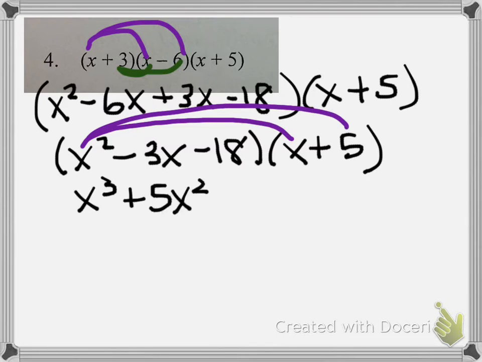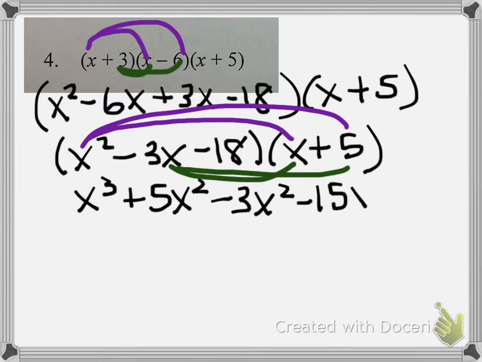Then 3x times x, which gives you 3x squared. Then negative 3x times 5, which is negative 15x. Then we do negative 18 times x, and then negative 18 times positive 5.